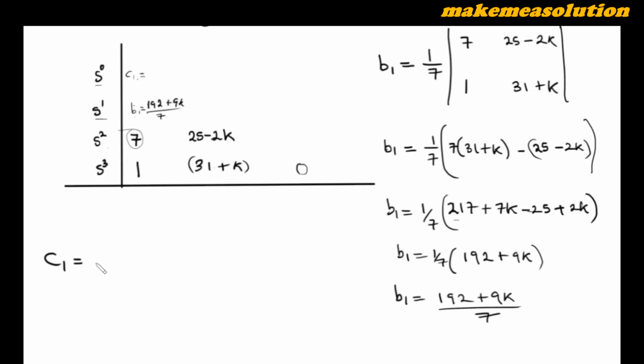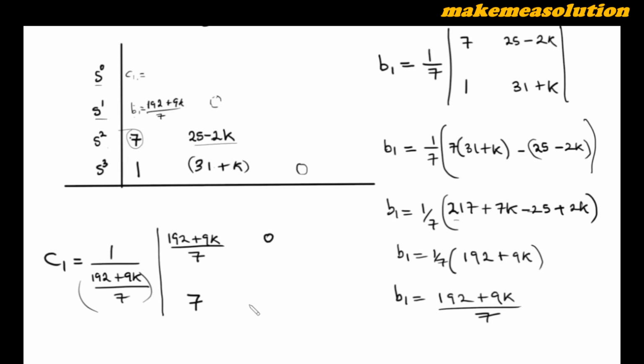So our c1 will fall in line, so taking the reciprocal of this, you have 1 divided by 192 plus 9k divided by 7. Then you're now going to take this determinant formed by this and this, which is 192 plus 9k divided by 7. Then you have 7 over here. Then you need a term here, but since you can't get any term here, you replace it with 0. Then you now choose this one over here, which is 25 minus 2k.